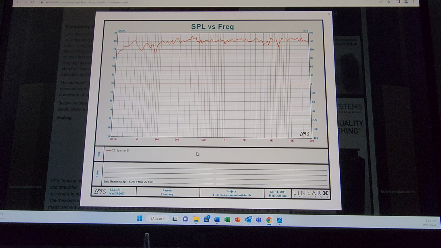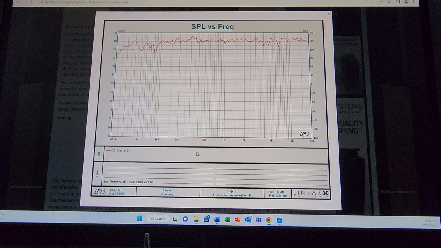So we can see a much simpler frequency response chart starting from 20 hertz, working its way up to 400 hertz. Now this is computer software that allows a speaker builder, a designer, a manufacturer to predict the performance of a pair of speakers without having to put them in an anechoic chamber.